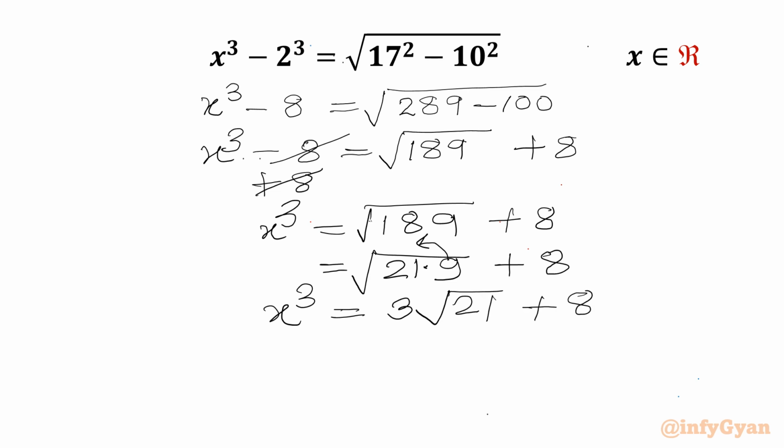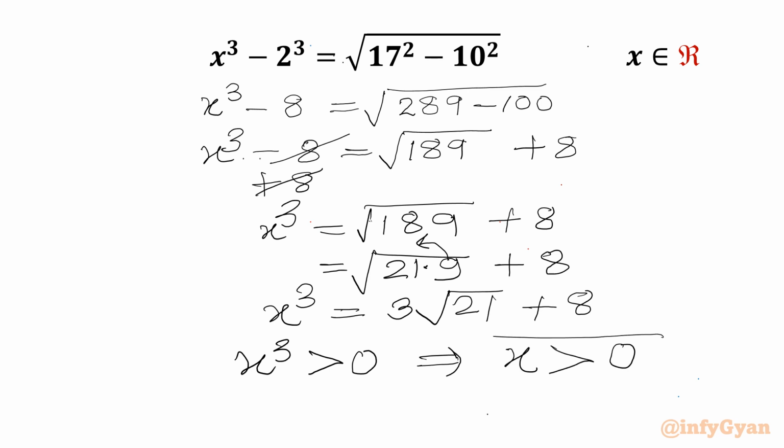Now we can see right hand side is positive. So x cube will be positive. From here we can conclude for real x must be positive. We will accept only x positive solutions. Let's write x cube equal to 3 square root 21 plus 8.